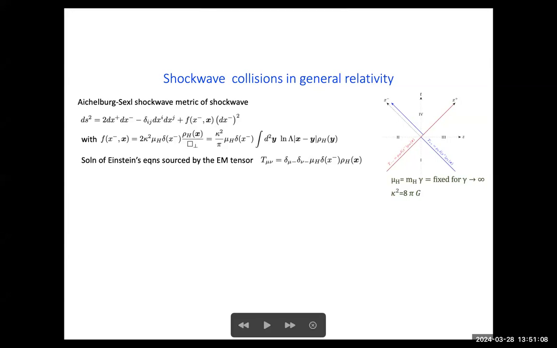So this is nabla perp squared times the Einstein coefficient kappa squared, which is proportional to G, and this is the energies of colliding objects here. And there's a delta function because this is the shock wave.